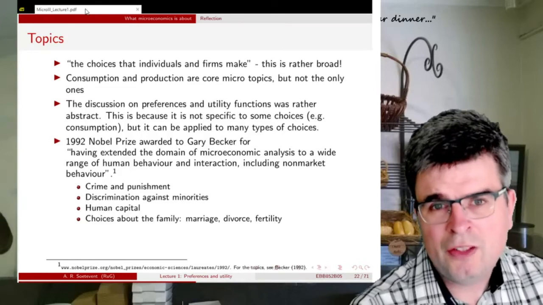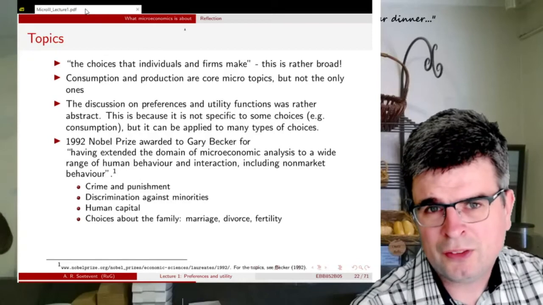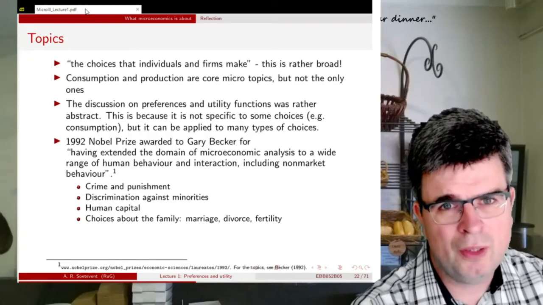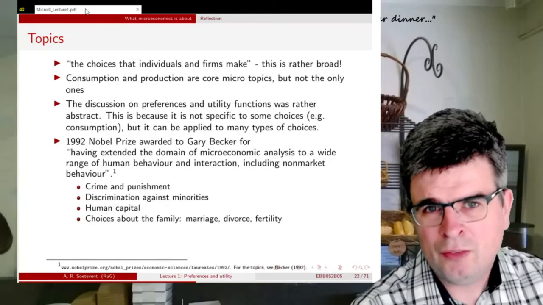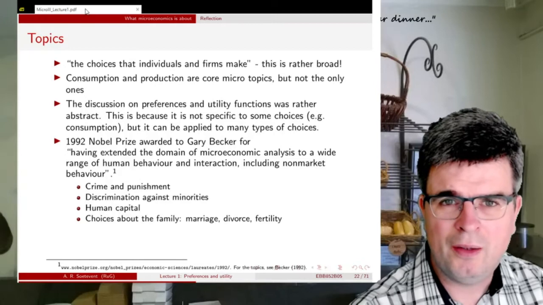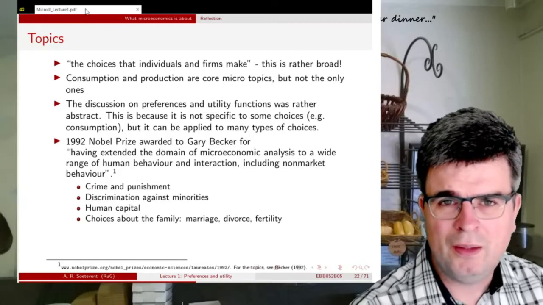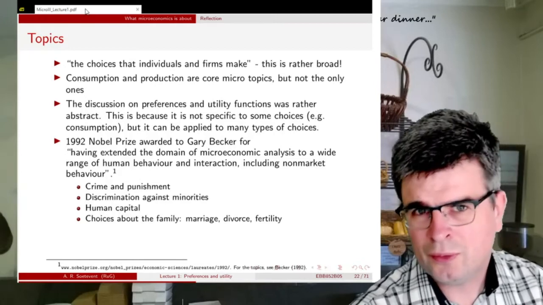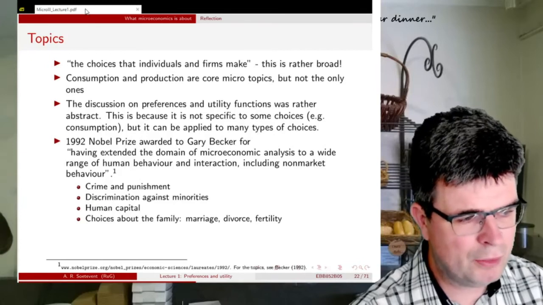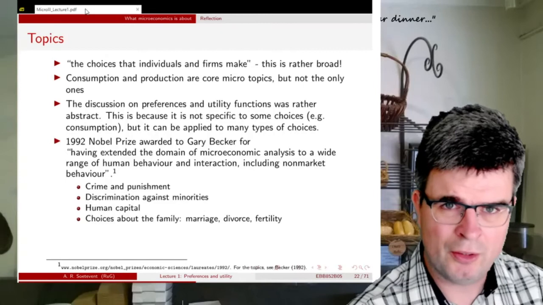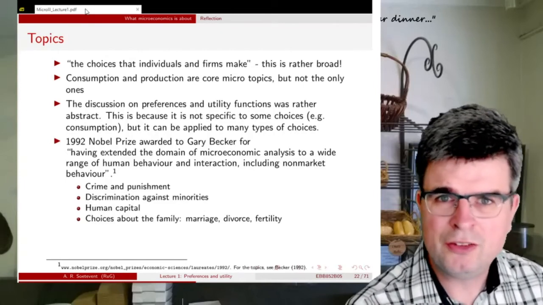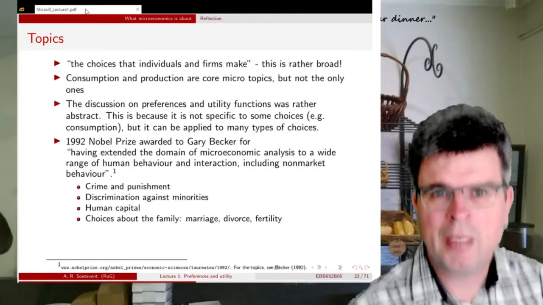Also, fertility choices. How many children does a couple have? Turns out that's quite a rational choice, and even the size of the car seems to matter. So if you go from 2 to 3 children, then one thing that you will face is that if they are in a close age range, then all the children's safety seats no longer fit in the back of your car.